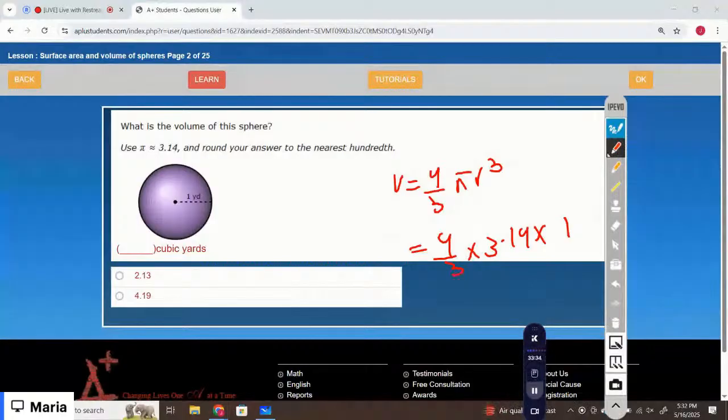So that is 4 times 3.14 divided by 3. That is 4.19. Option number 2 is the correct option.